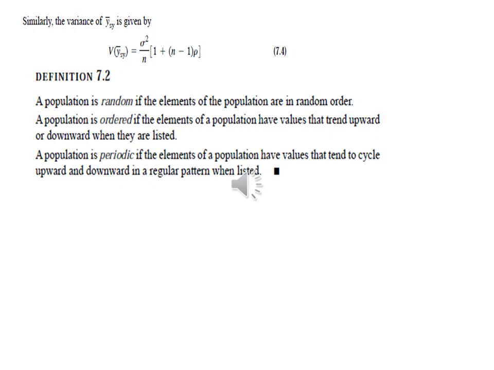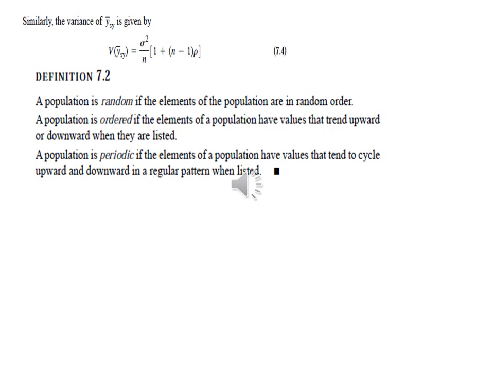A population is periodic if the elements of the population have values that tend to cycle upward and downward in a regular pattern when listed.